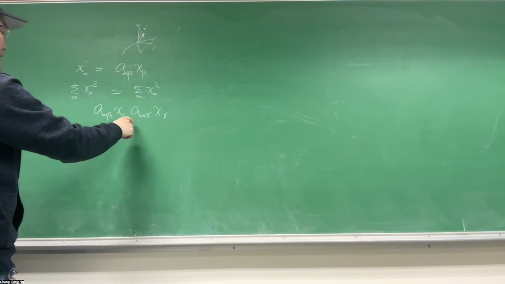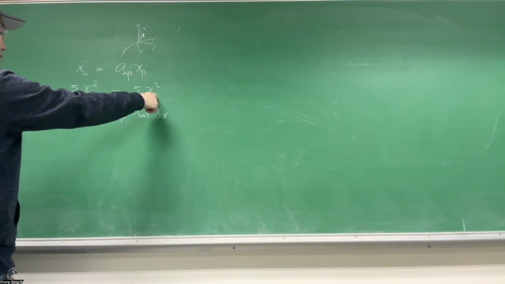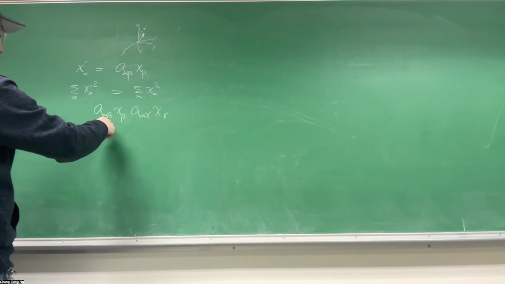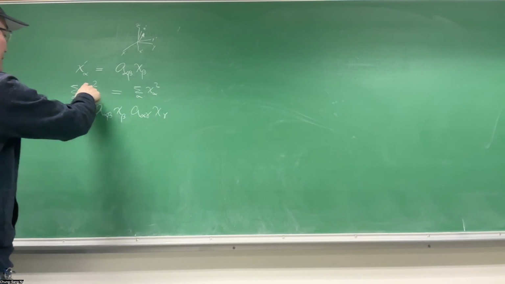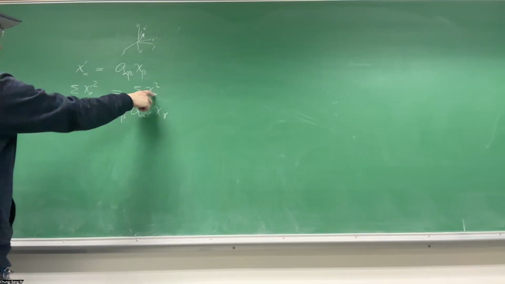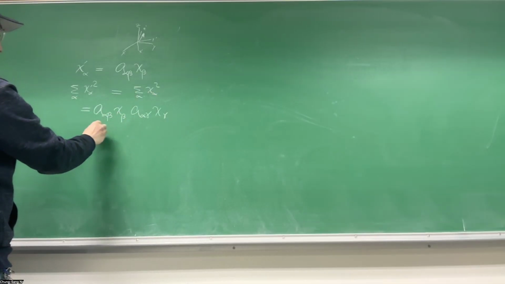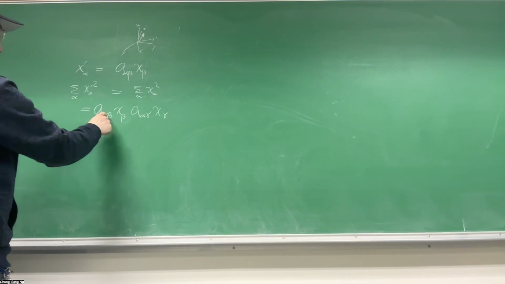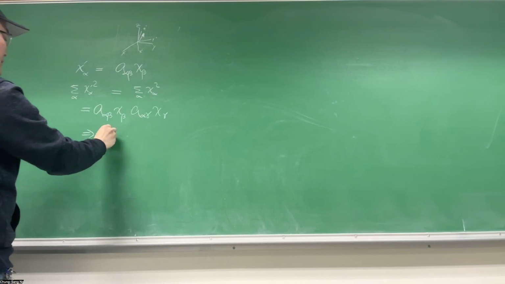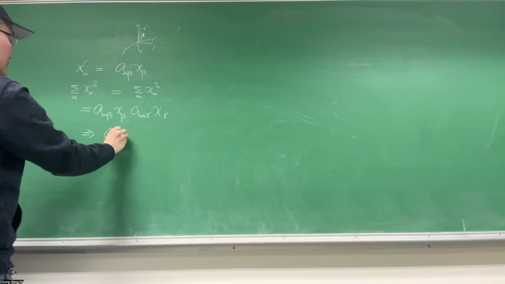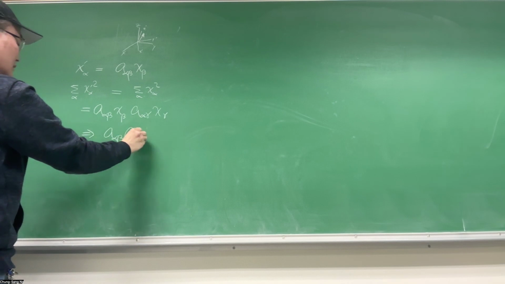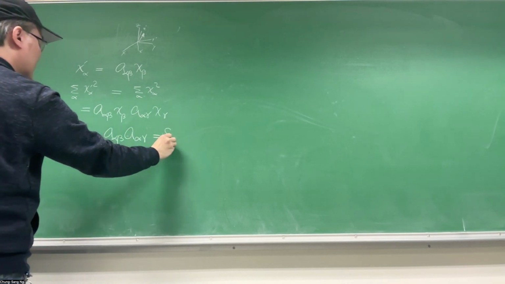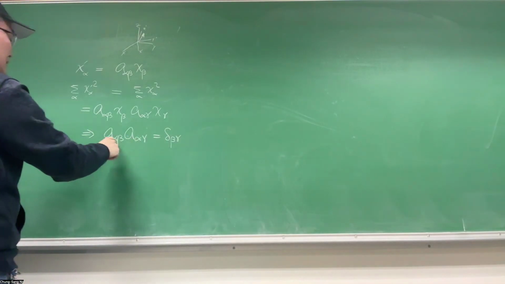So in order that this equals that one, it must be that the sum over these two, A alpha beta A alpha gamma, is the Kronecker delta, delta beta gamma.